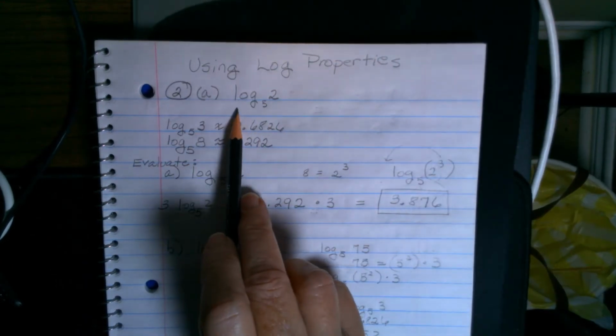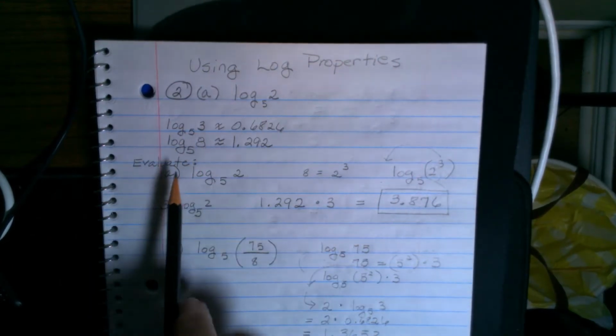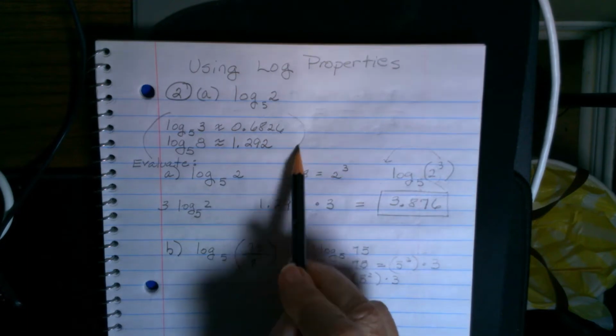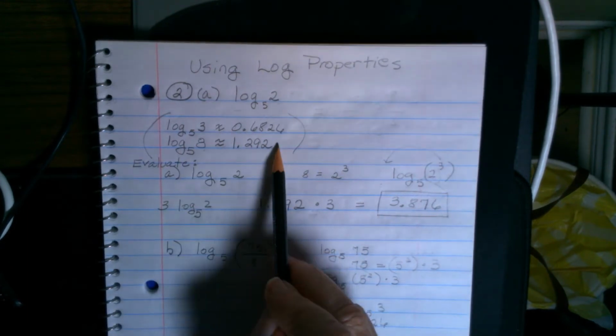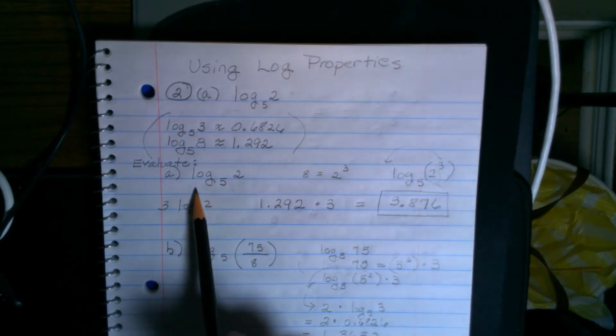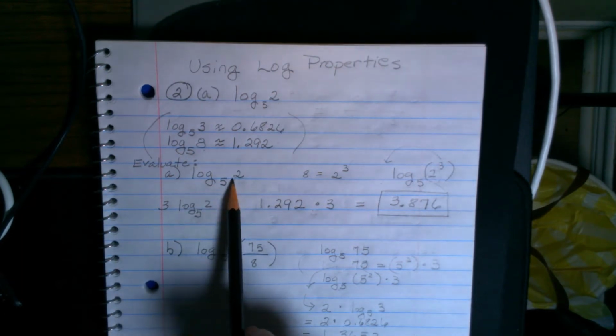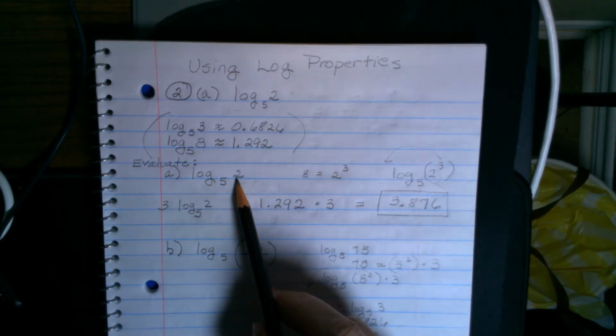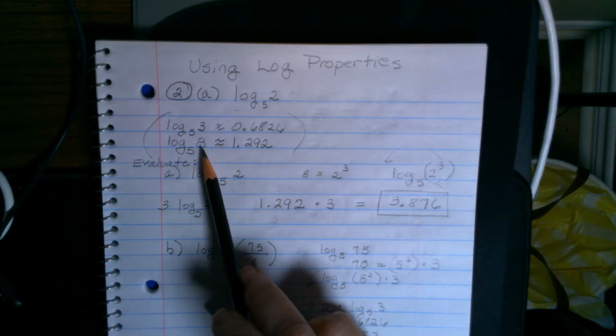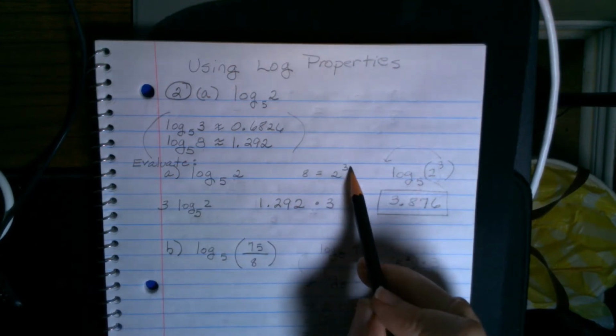All right, so we're going to look at log base 5.2. Let's remember they told us what the approximation for log base 5.3 and log base 5.8 are. It took me a long time to look at this. Log base 5.8, I can write 8 as 2 to the third power.